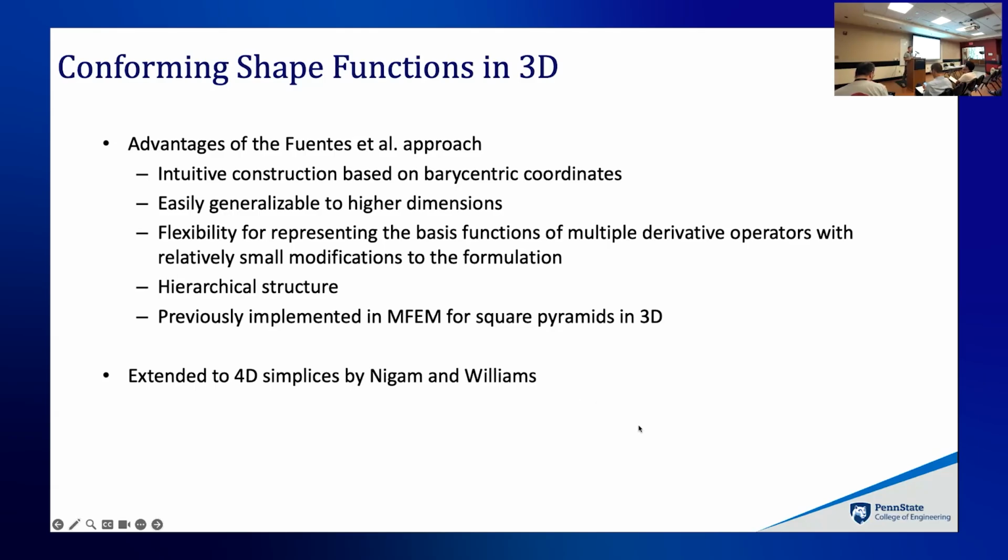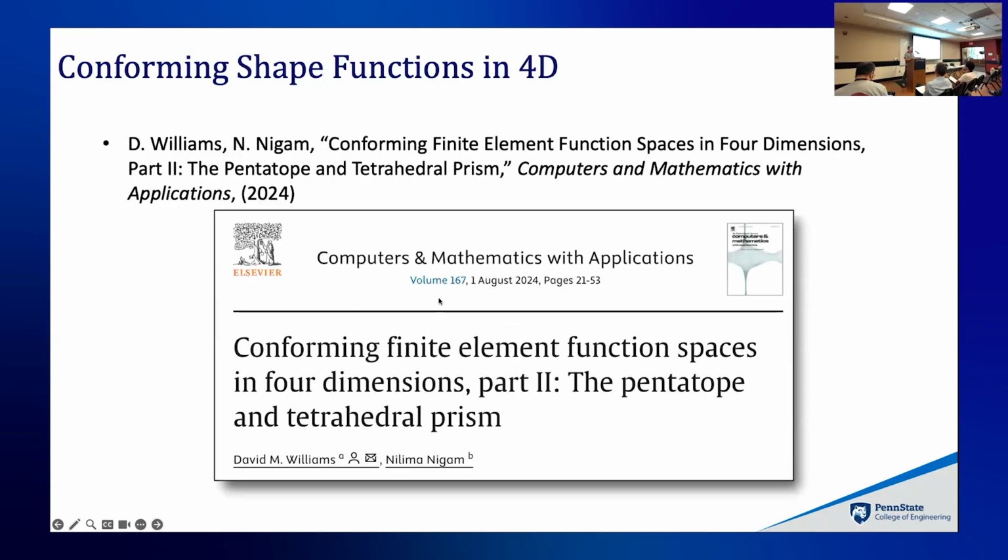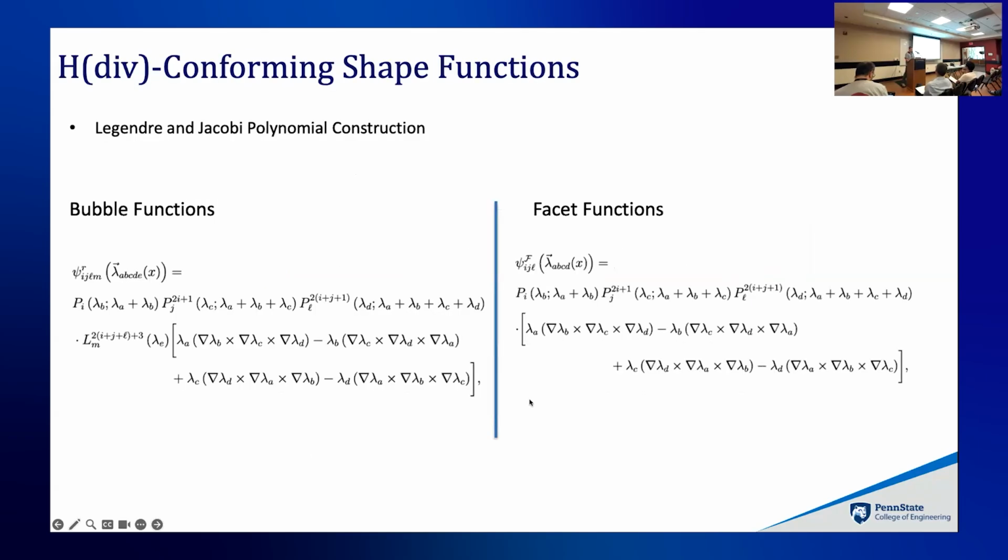And Nigam and Williams extended this work to 4D simplices. They did that in this paper, again focusing on the pentatope, which is the 4-simplex, and creating these discretizations. Our HDiv conforming shape functions are displayed here.